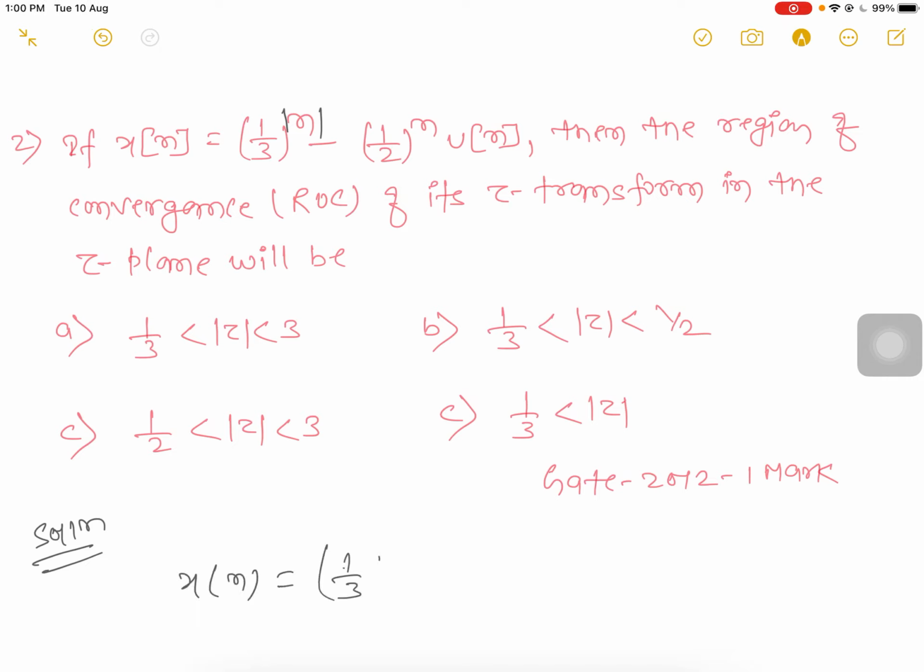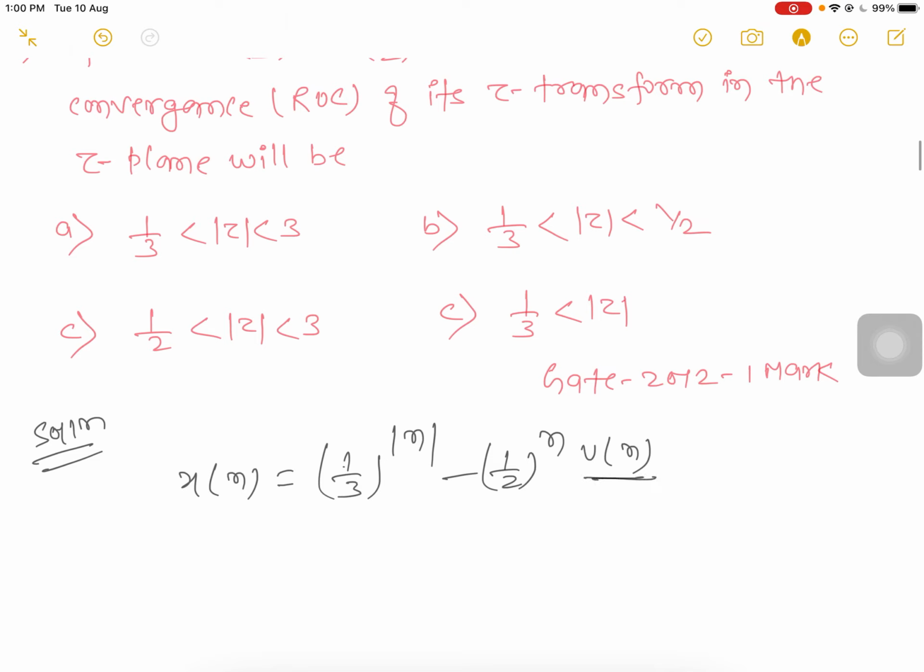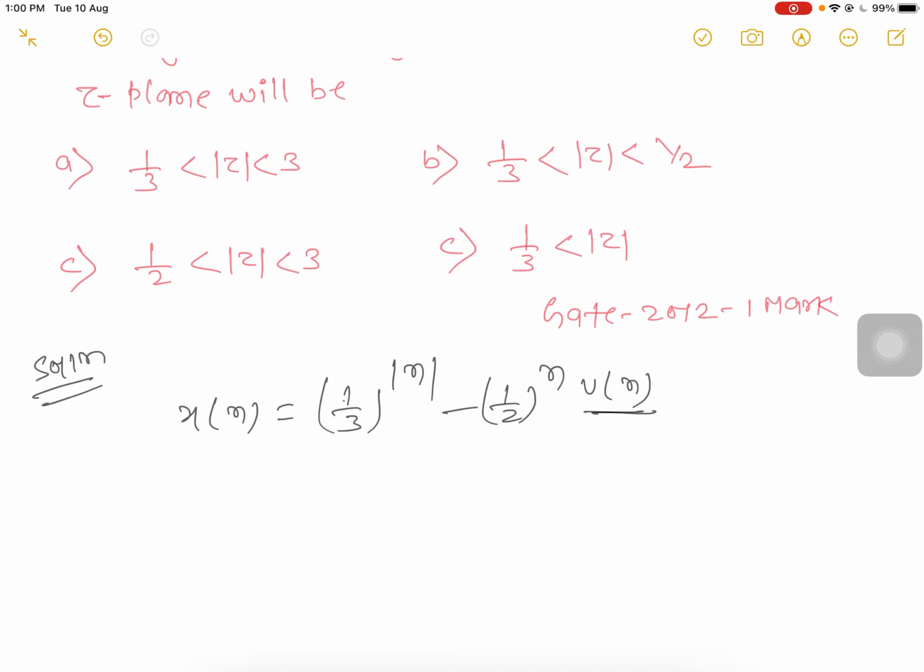See, x[n] is given as (1/3)^|n| minus (1/2)^n u[n]. u[n] means it is a right-hand signal defined for n from 0 to infinity, the positive side. But here there is the mod n, which means it is defined in both directions.